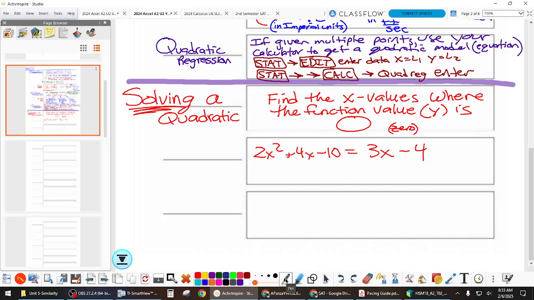But how would you solve that? Yeah? Still set it equal to 0. Okay? You would just subtract 3x and add 4. And then solve from there. So even though we were not going to actually find zeros because of the way it's set up, it's still the same idea because we set it equal to 0.